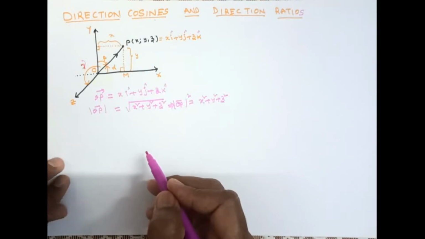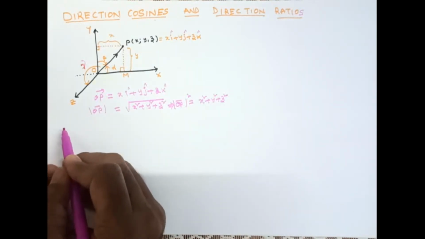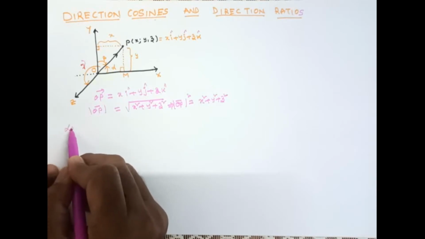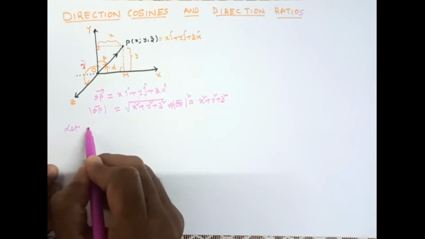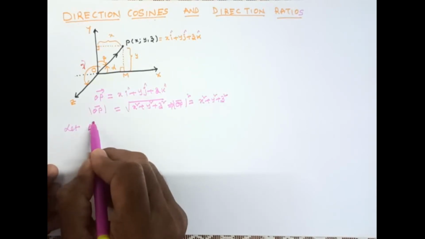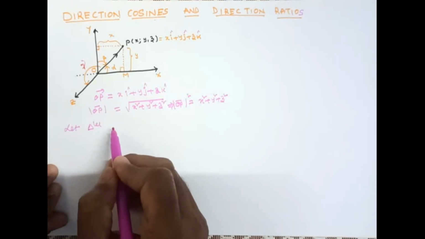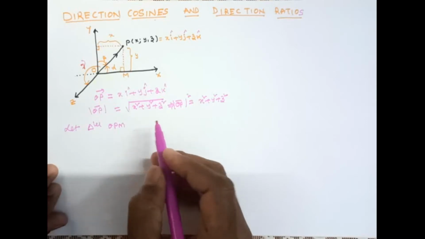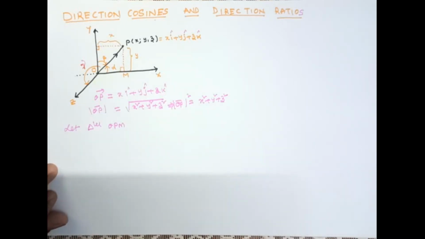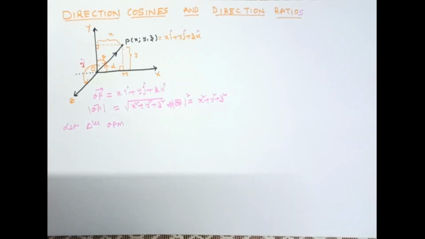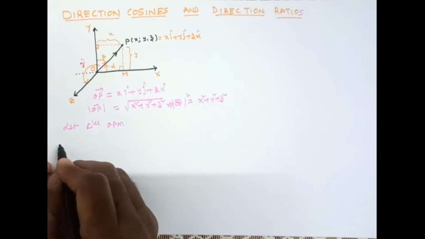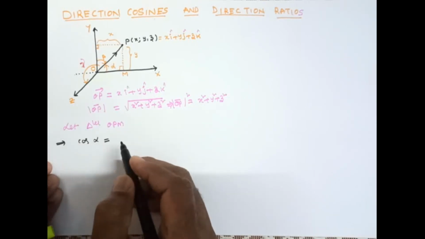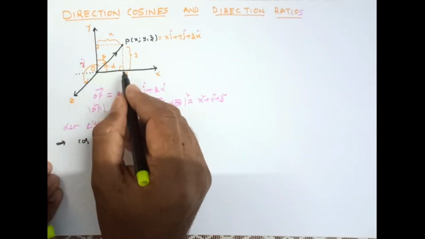Now let me take a triangle, the triangle OPM. In the triangle OPM, we can observe cos alpha is equal to the adjacent side OM over the hypotenuse.